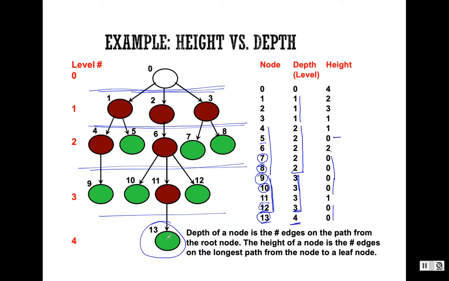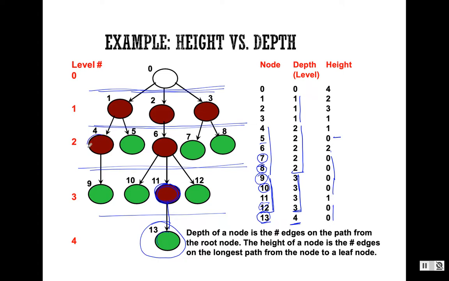All right, how about this node? Node 11 will have height 1, since height is the longest path from the node to a leaf node. The longest distance from the leaf node is 1.